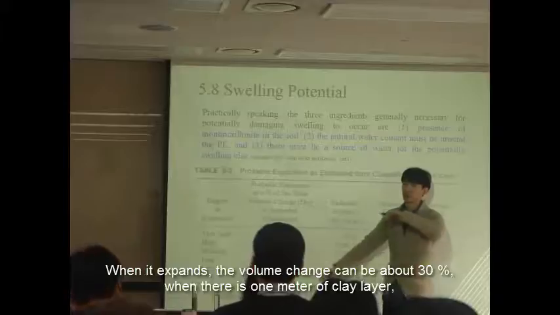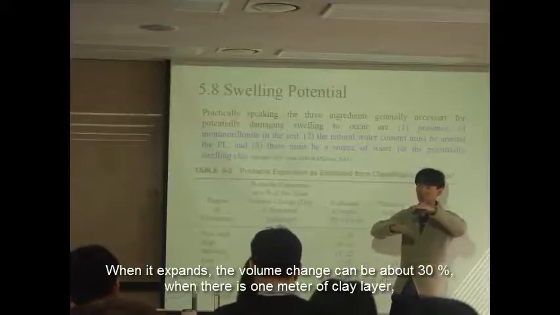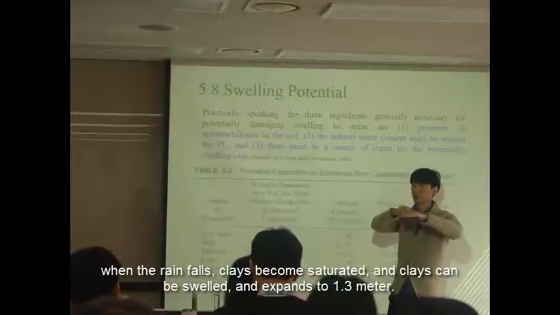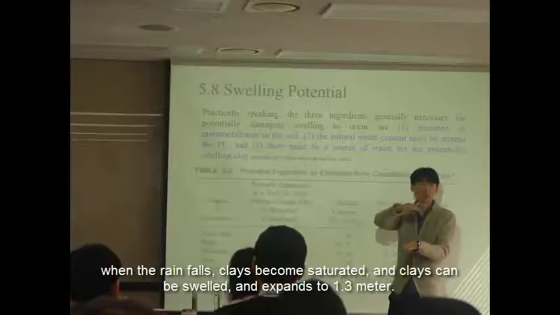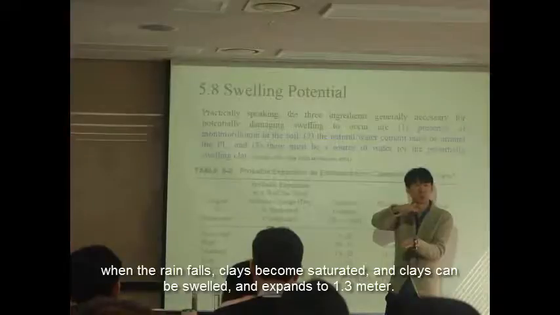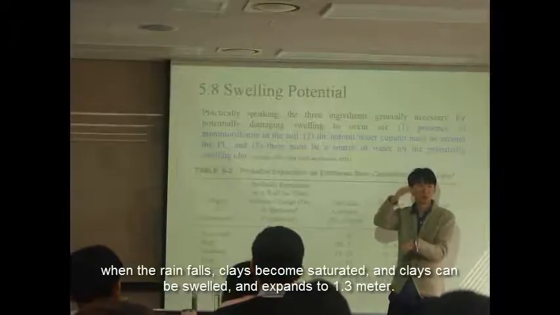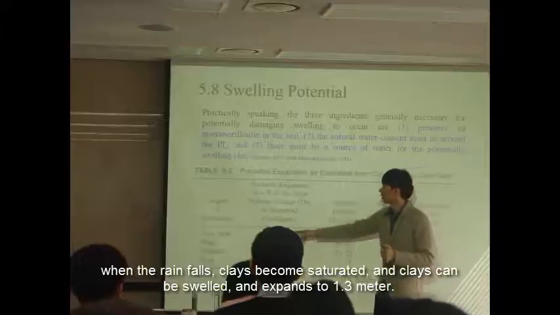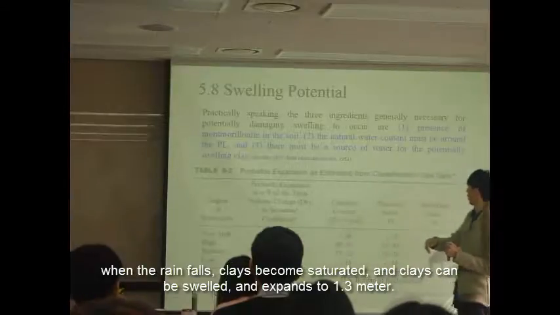So let's say that there is a 1 meter clay layer. And when the rain comes, the clay becomes saturated. The layer can swell and expand from 1 to 1.3 meters. So a 1.3 meter expansion will be 30% volume expansion.